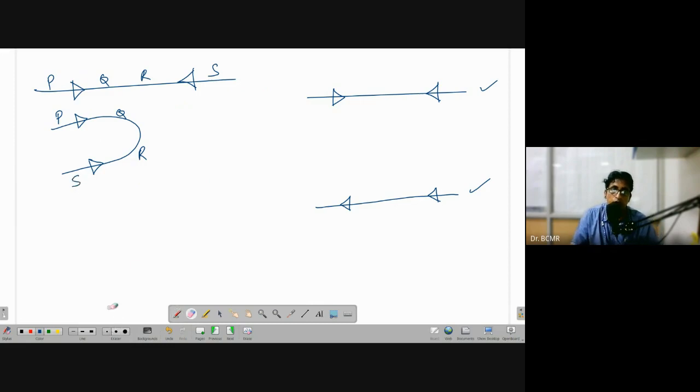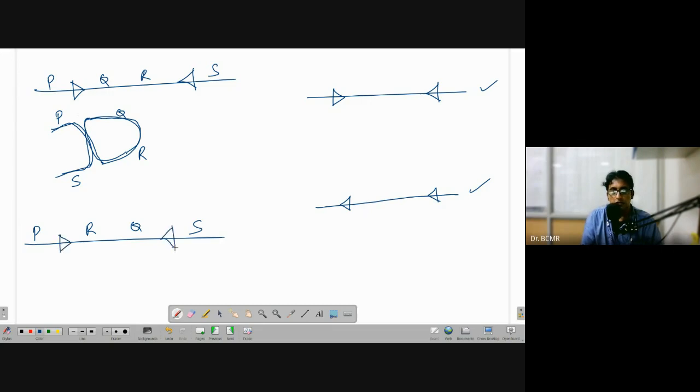So now the recombinase would have cut this DNA like this and would have rejoined differently like this. Okay, now let's try to pull it straight. We have P. P is continuous with R, and that is continuous with Q, and that is continuous with S. And of course, we will have the recombinase recognition site.